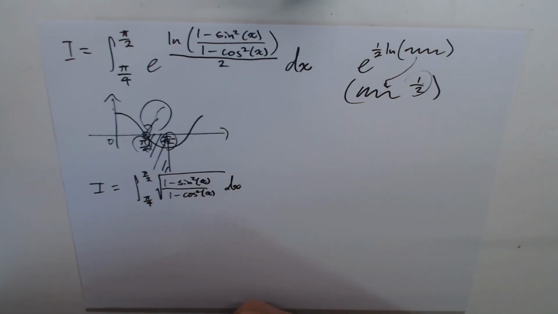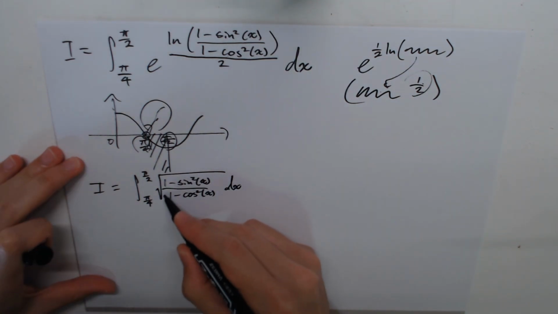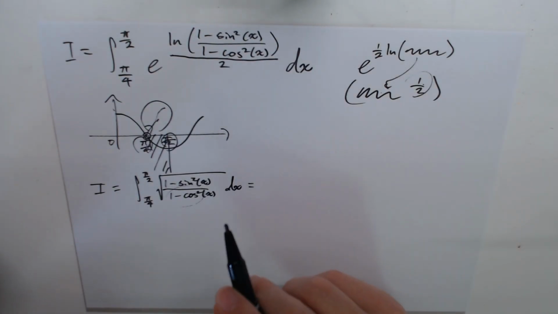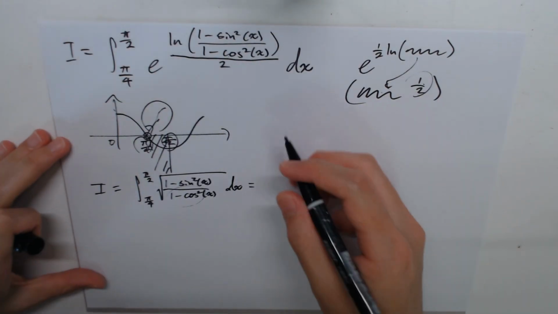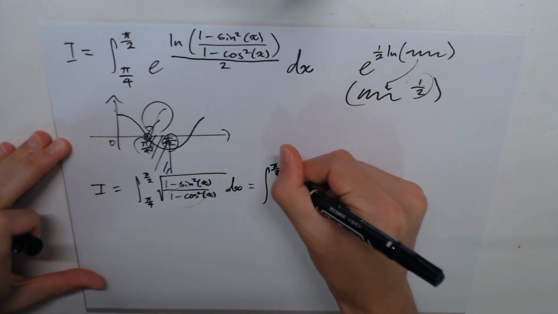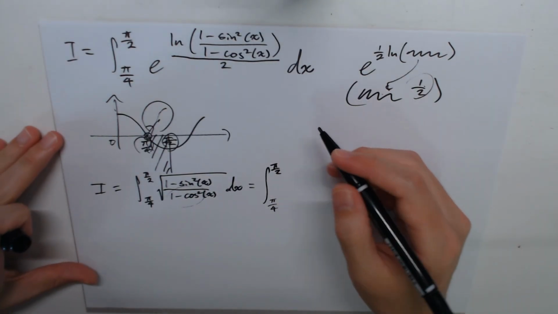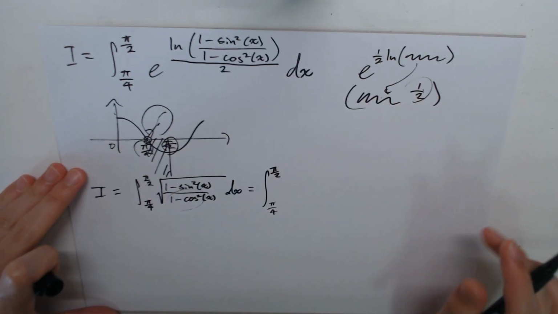Okay, the best thing I think would be just to turn this bottom part into a sine squared, because 1 minus cosine squared is equal to sine squared x, since sine squared x plus cosine squared x is equal to 1.